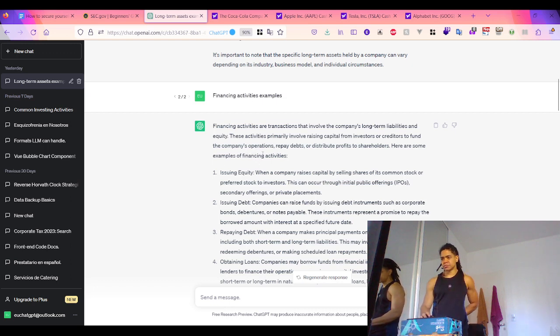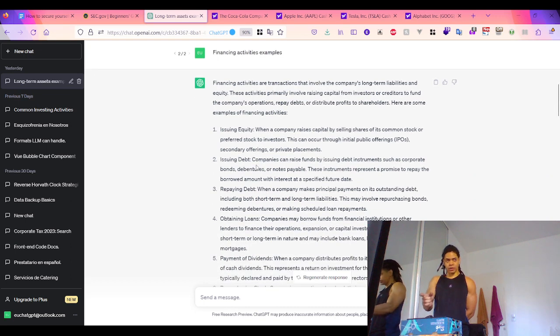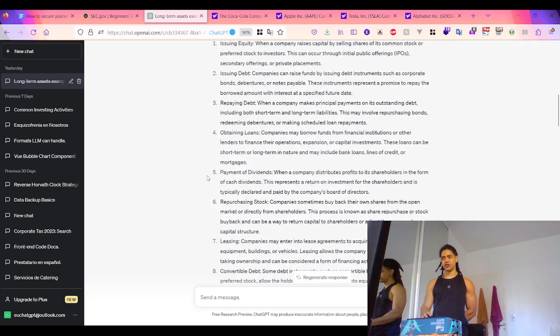Okay, so this is interesting. Again, financial activities are transactions that involve the company's long-term liabilities and equity. So for example, issuing equity, issuing ownership, so perhaps issuing stocks or preferred stocks, issuing debt.